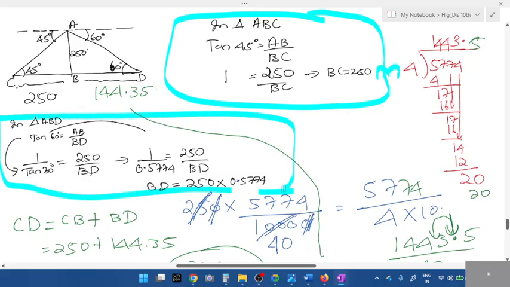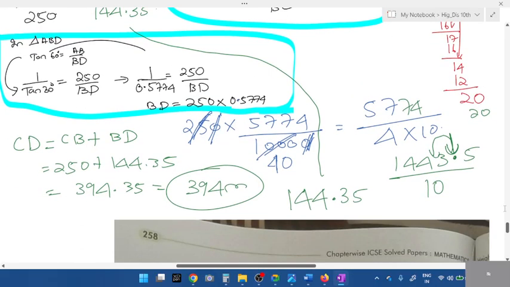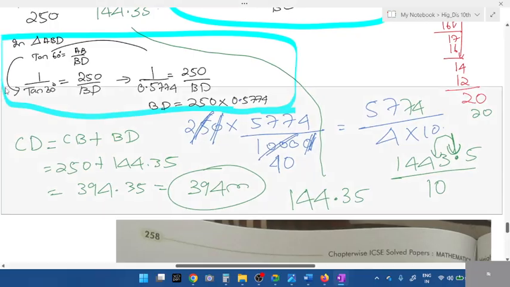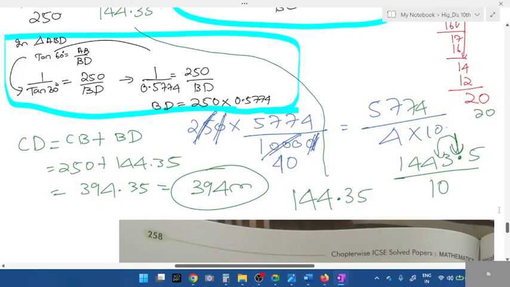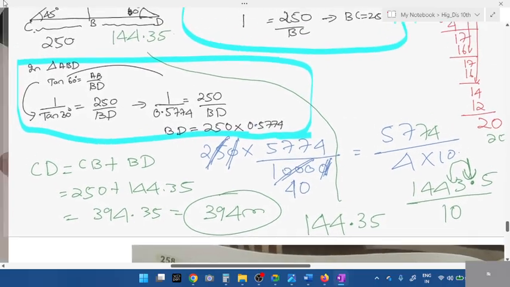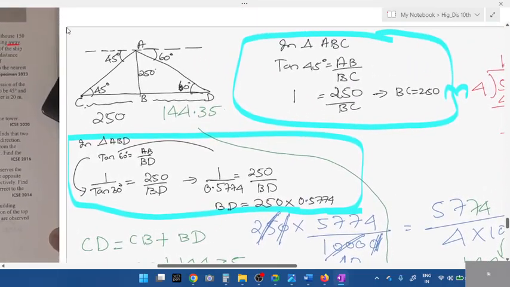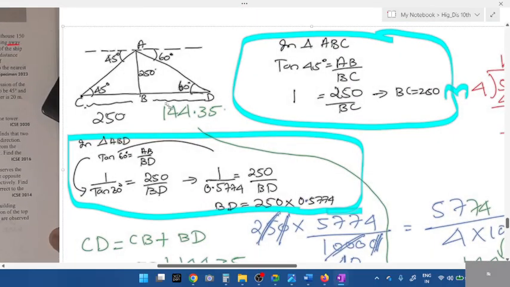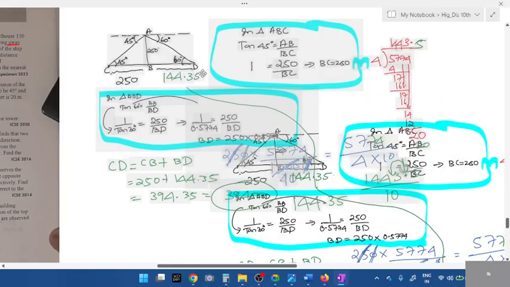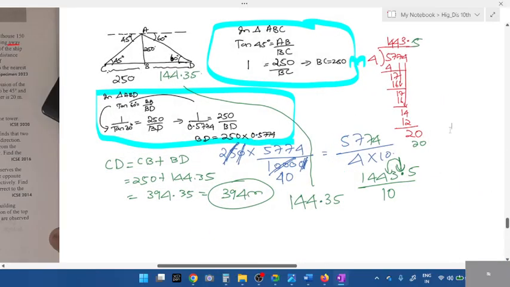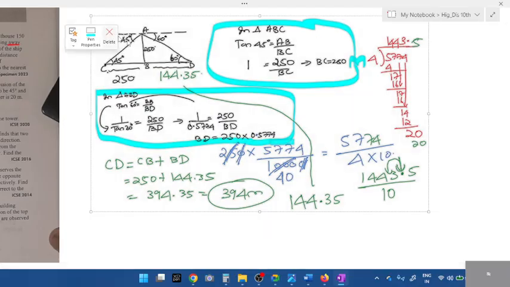This part. Rest, whatever we did, everything was based on calculation. So calculation, you can do it however you want. You can remove the decimal or you can directly multiply it. Multiply 250. The green one which I've drawn boxes, those are the answers. That is what you have to highlight.